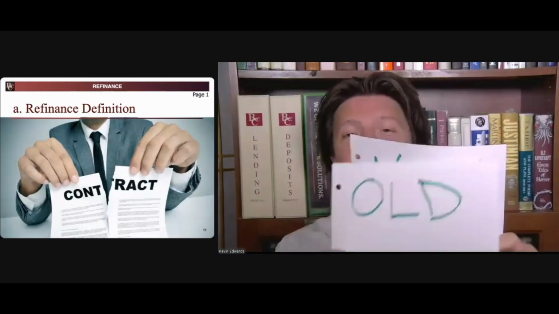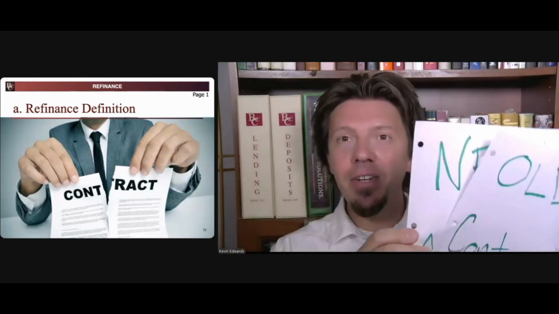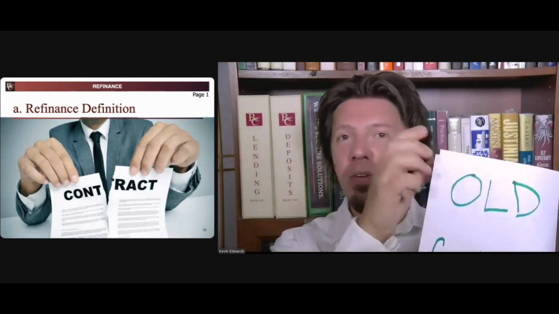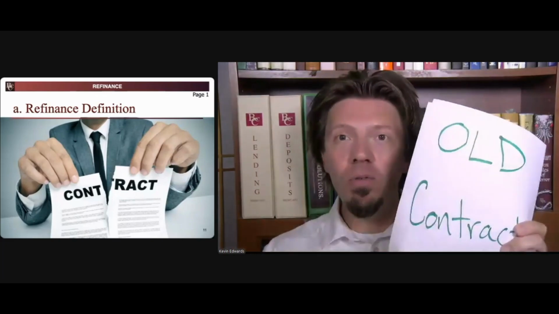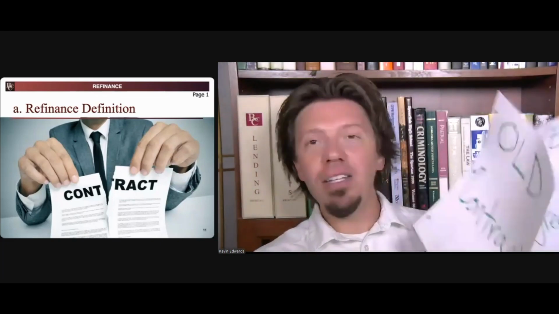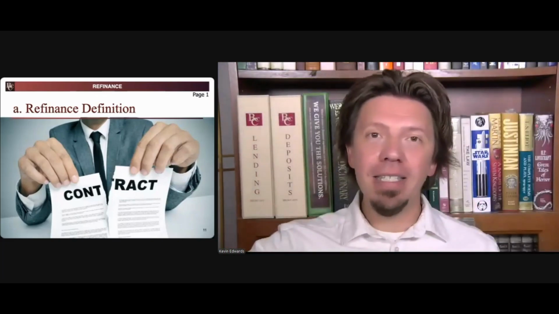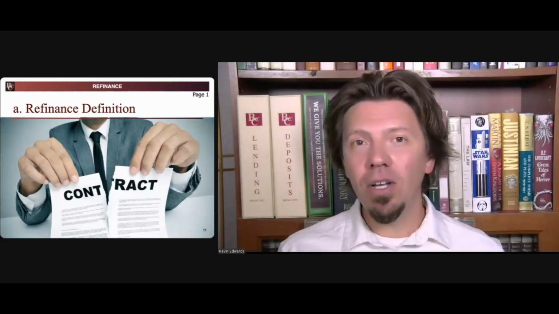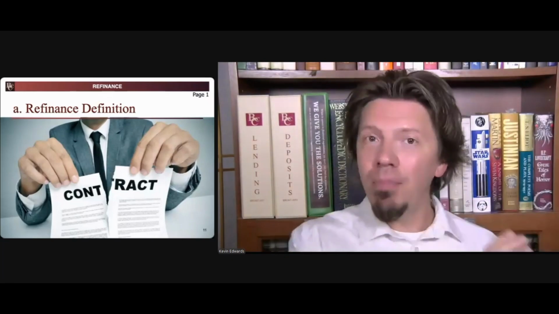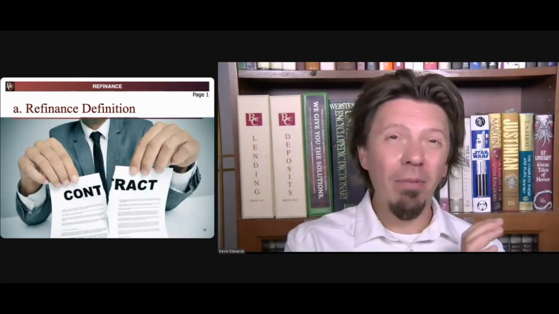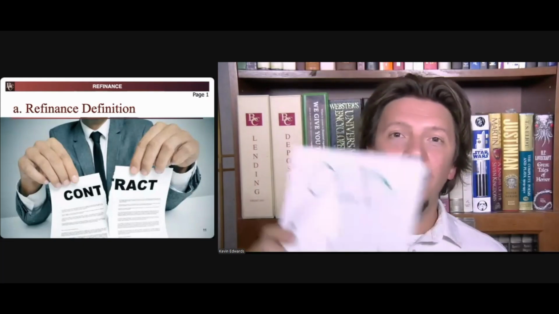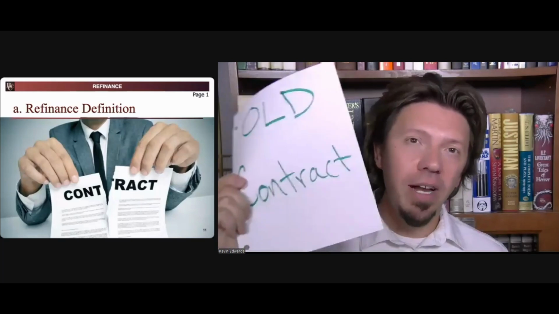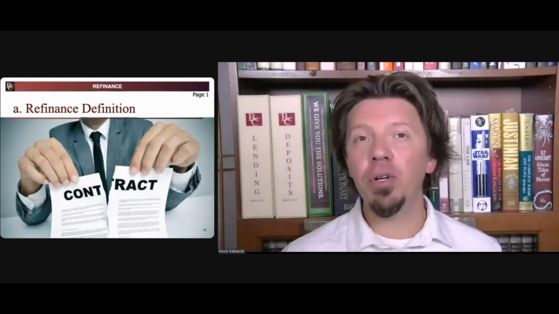You just have them sign the new agreement and staple it, attach it, or reference and incorporate it into the old contract. So you have these two agreements and they both exist. That's a modification. You might refer to it as a renewal, but that is not a refinance because the old contract survives whatever change you're making.